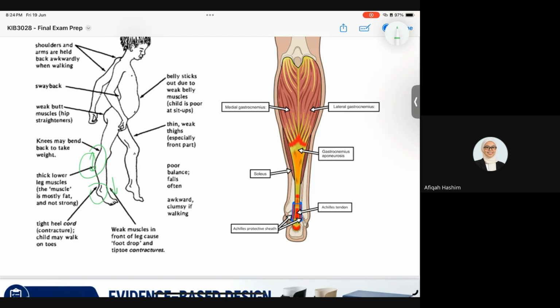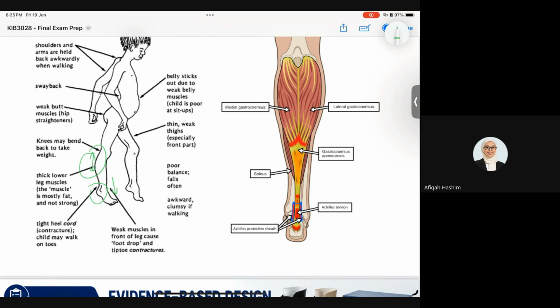It develops plantar flexion contracture, also known as tiptoe contracture. So the sequence is very simple. They have a weak dorsiflexor, the foot cannot lift, foot drop, and then long-term shortening, and then they will have tiptoe contracture. So how can we provide an orthosis to help with this type of problem?